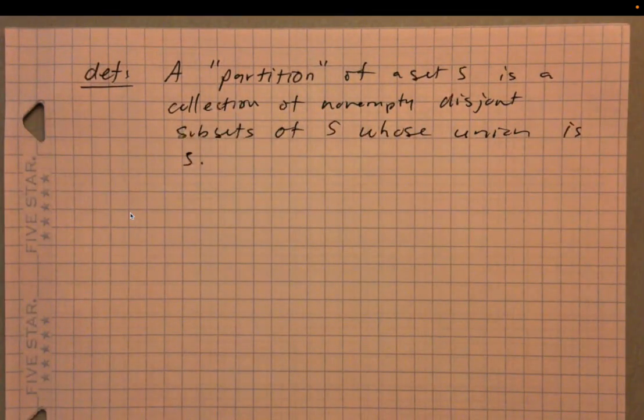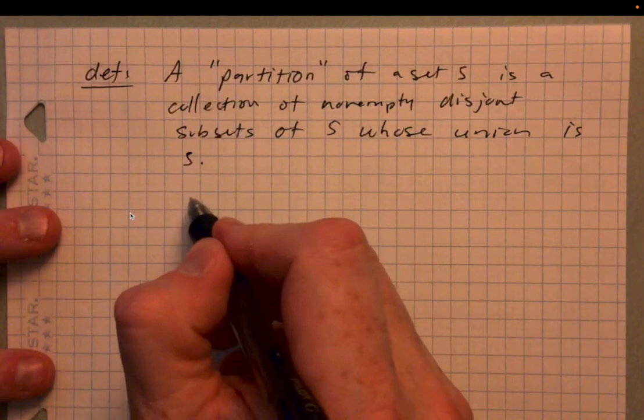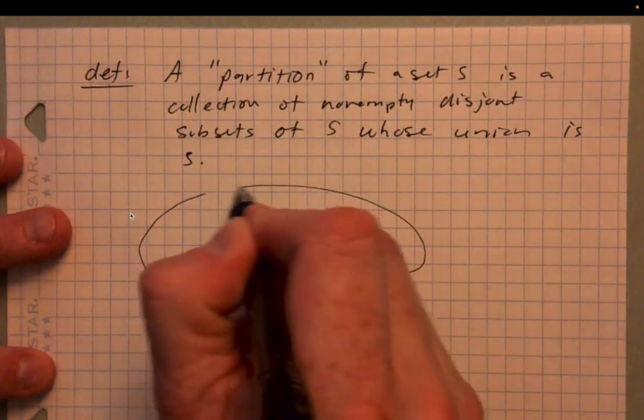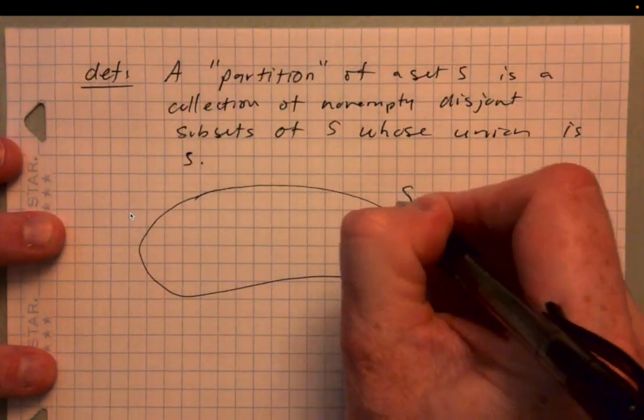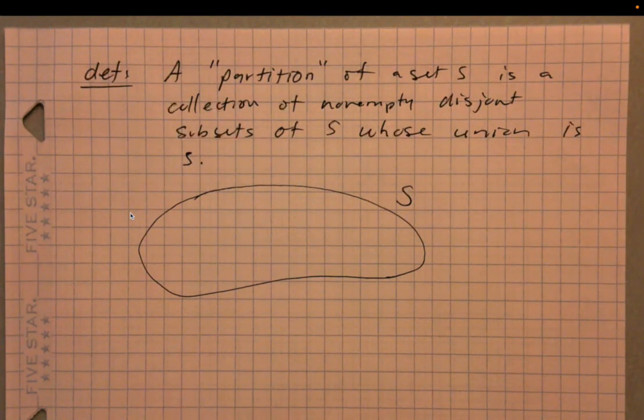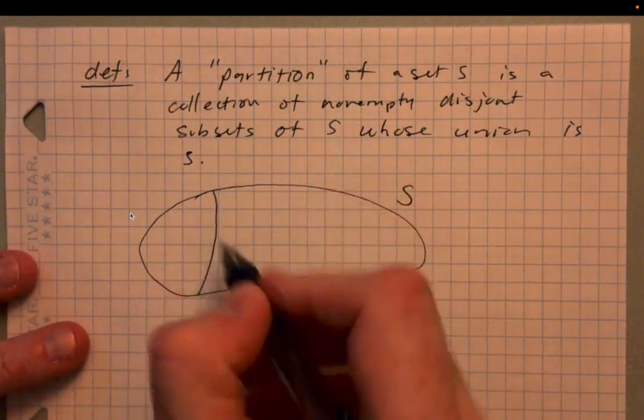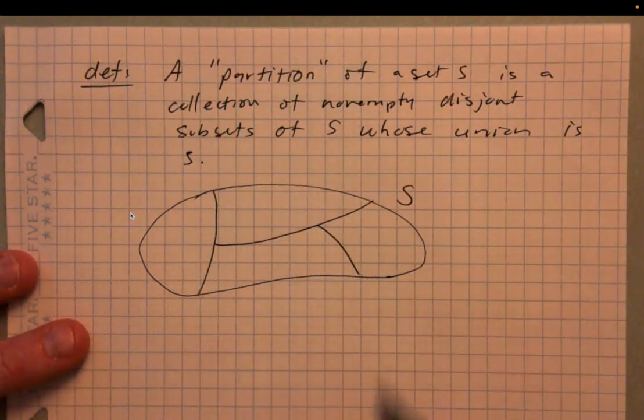Okay. So if I have a set S and I want to partition it, what I'm basically doing is breaking it up into a collection of non-empty subsets that are all disjoint, meaning they have an empty intersection, and whose union equals S. The classic picture would be to just draw a set S like this, and then break it up into different pieces.